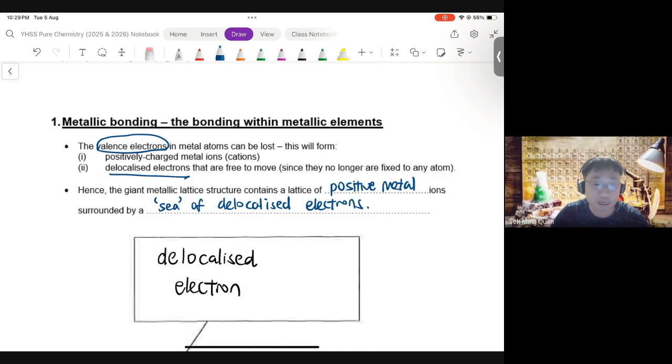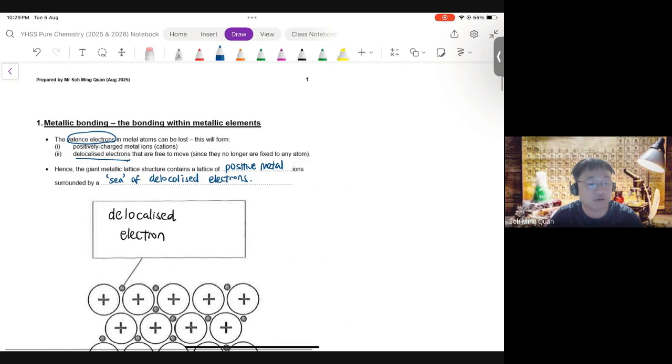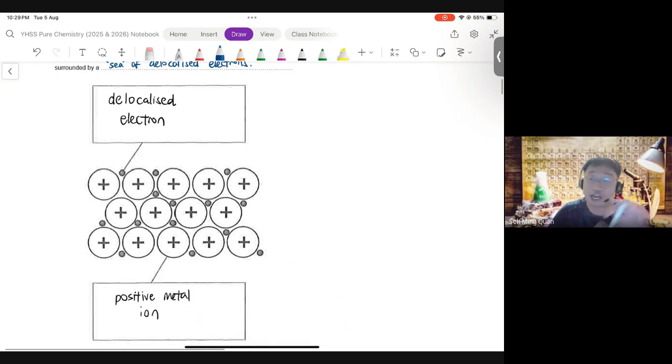Now, a very typical O-level question would give you the diagram. So this is what the giant metallic lattice would look like. So it points to the delocalized electron as well as the metal cation. So you can see that the metal cations are arranged in this regular structure called the lattice, and the lattice is itself surrounded by a sea of delocalized electrons.